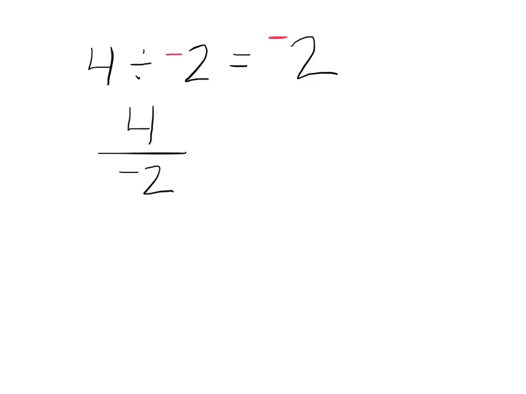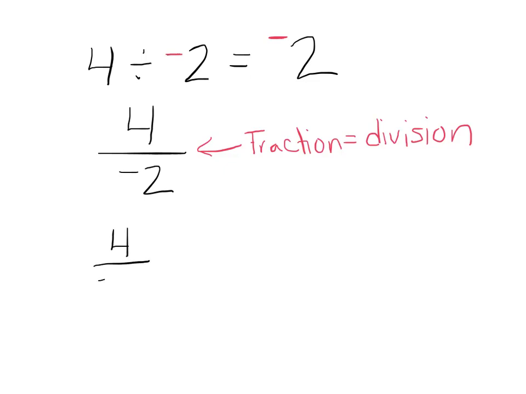Remember the fraction bar is another way of writing division. Okay? What this would also tell me is if I have 4 divided by negative 2, this will also equal negative 4 divided by positive 2. In both cases, my answer is going to be negative 2.